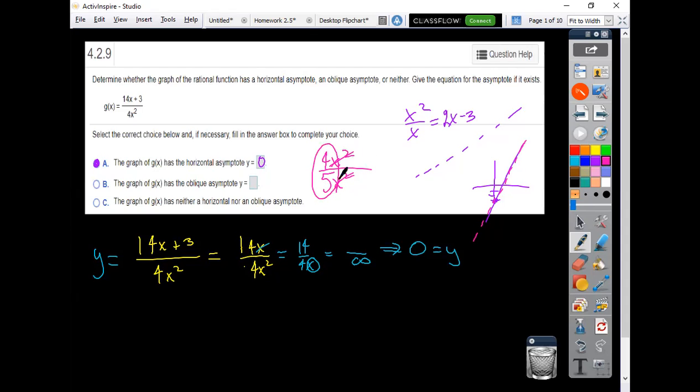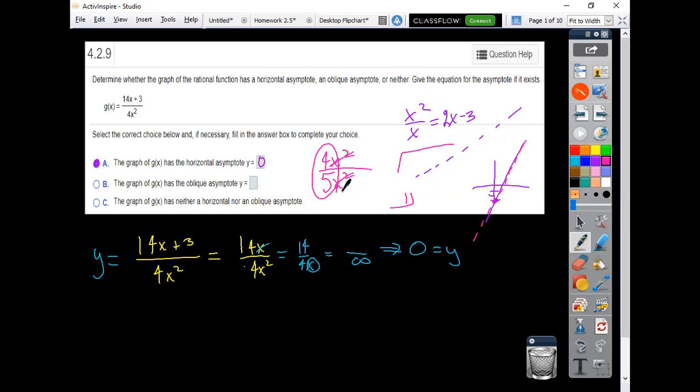It's all based off the degree in the numerator, degree in the denominator, and those three possibilities. Bigger on top, in the numerator, divide it out, whether it's long division or synthetic or whatever, and that's the equation you end up with. If it's bigger on the bottom, because of this infinity in the denominator, anything over infinity is going to be 0, so the x-axis.